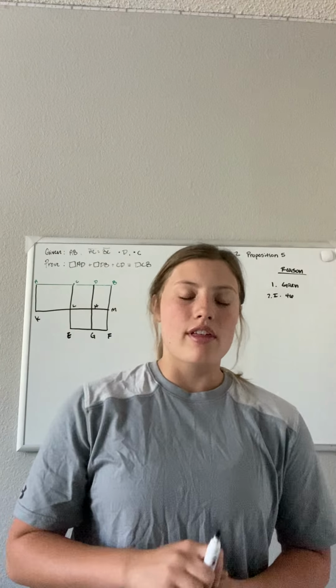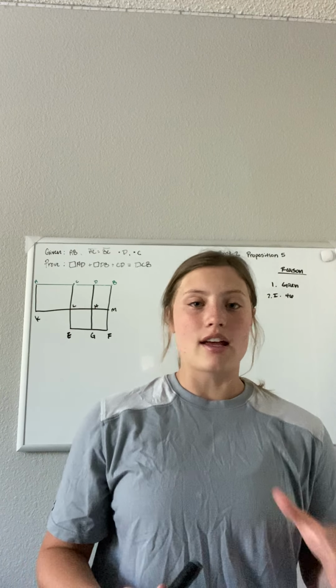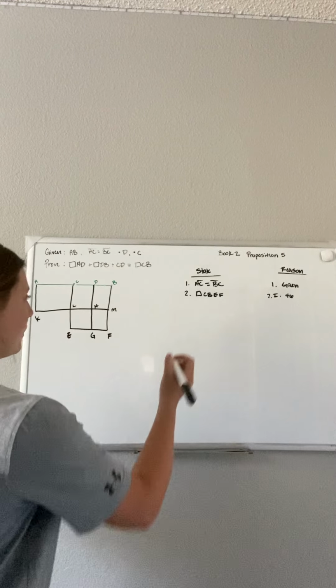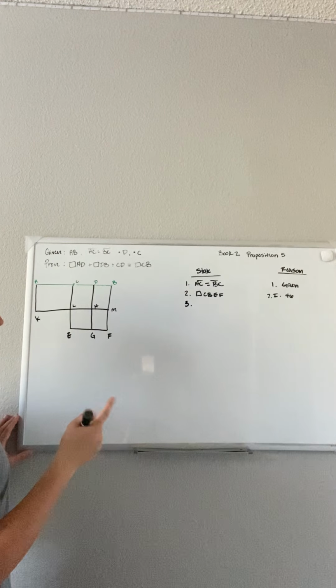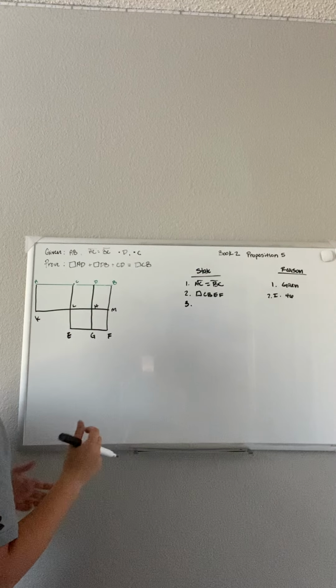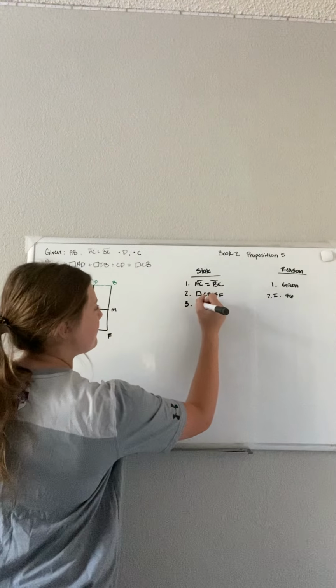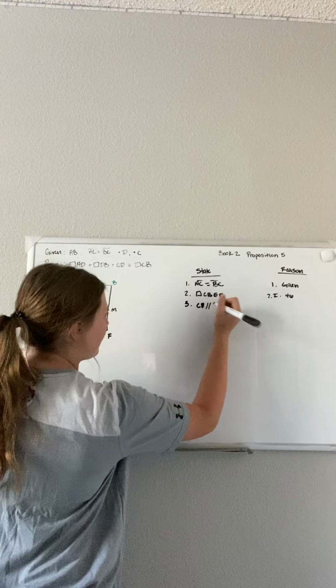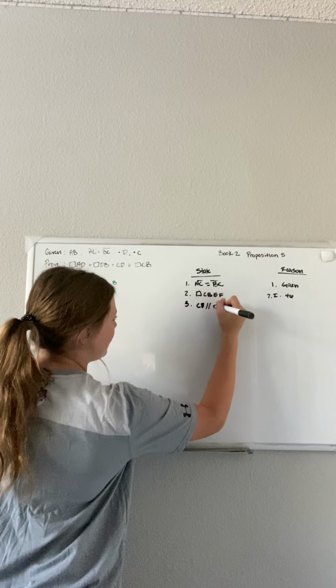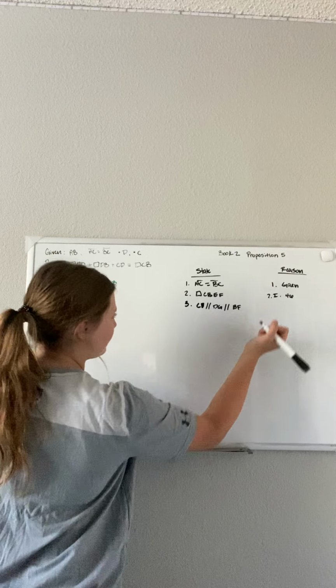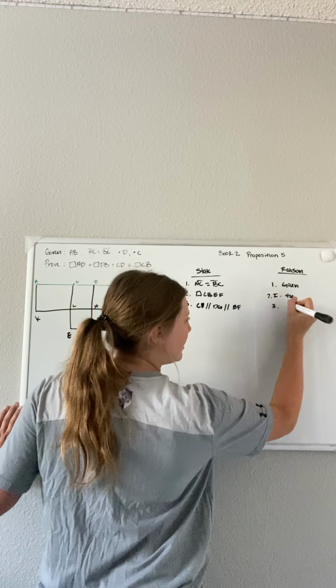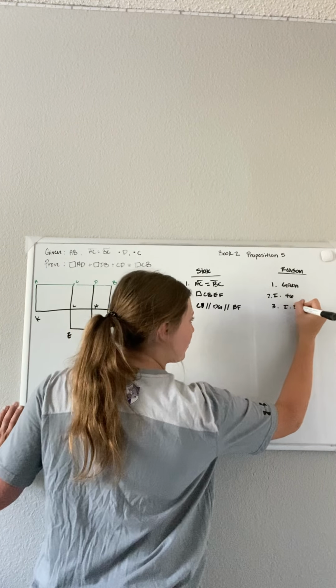So after that, we're going to say that these lines are parallel to one another. So we can say that because of Proposition 31, which is creating parallel lines, CE is going to be parallel to DG and BF. And we can say that, like I said, because of Proposition 31.